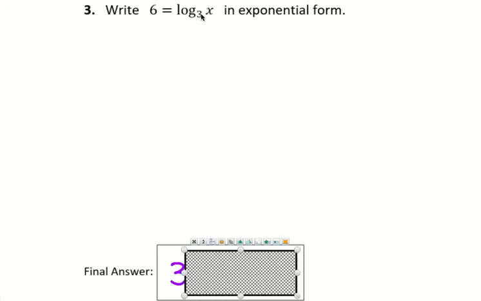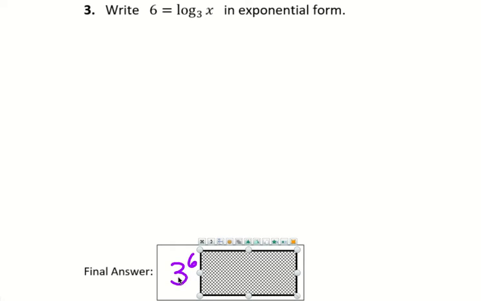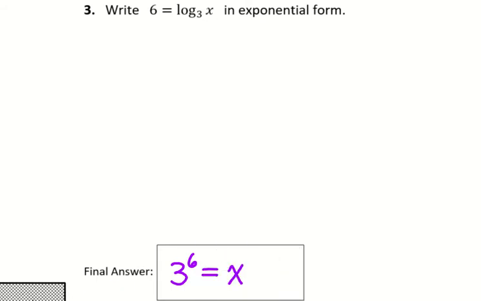And if you also remember that logs are really just exponents, where this entire log is equal to 6, that makes 6 an exponent. And if 3 is the base and 6 is the exponent, we have 3 to the 6th power. And the other piece of the puzzle, x, that's what 3 to the 6th power is going to equal.